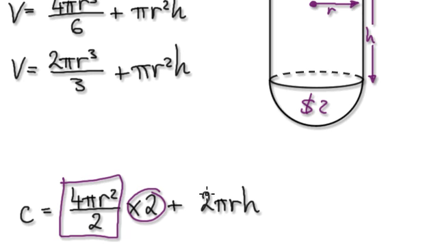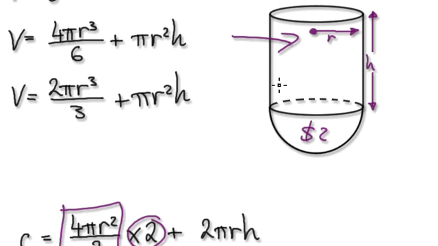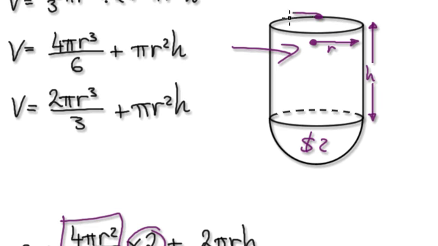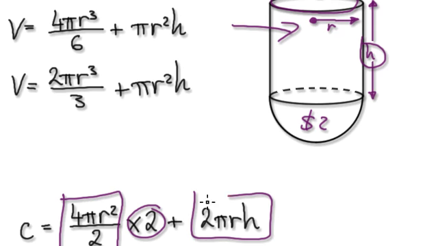The surface area of this cylinder is given by the circumference of the circle times h. That gives you the surface area of the cylinder, and you can imagine it as timesing by $1.